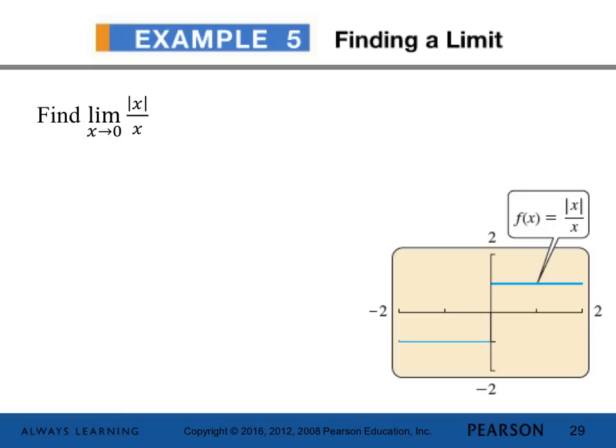Now that you've finished your term, let's find a limit of an absolute value function that is a rational function. This is going to be really similar to the last one, so I'm not going to go through all of the tables and the approaches. We're going to work actually from a graph.